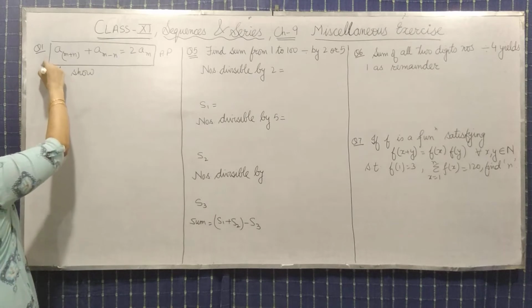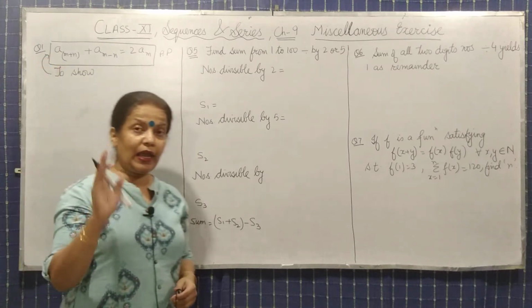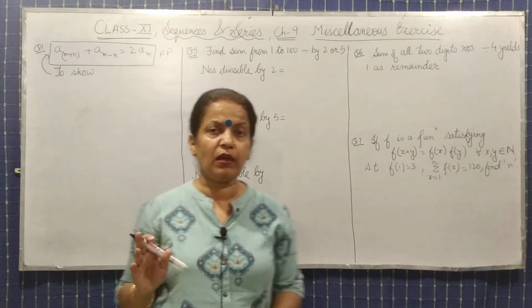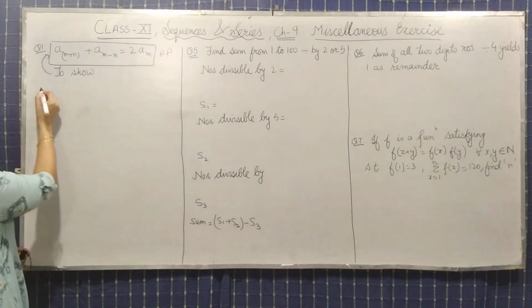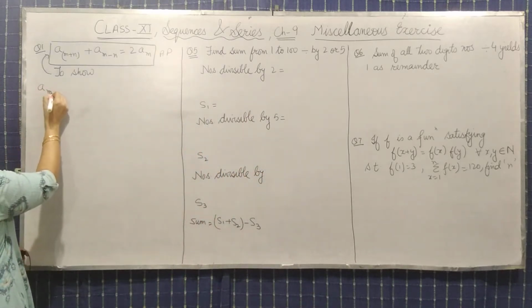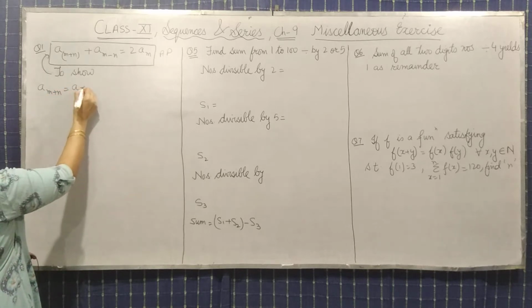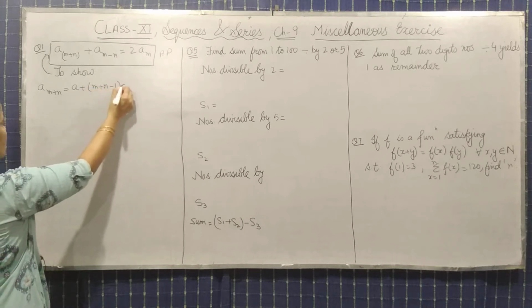You have to prove this. First, since you have to find the (m plus n)th term, what is the formula of a_n? a_n equals a plus (n minus 1)d. The same formula we will apply over here since it's an AP. So a plus (m plus n minus 1) into d.